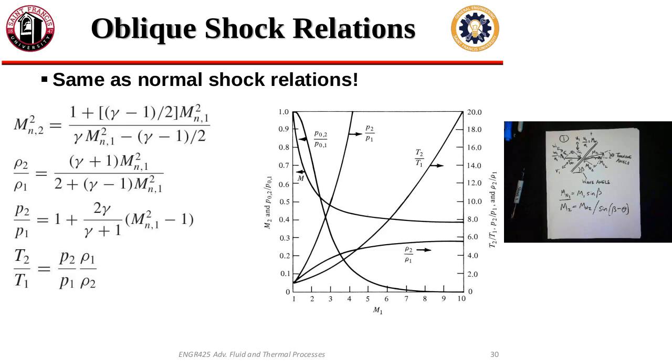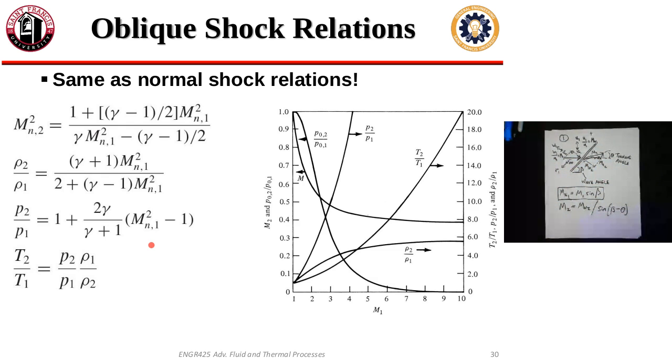The only thing that's different is that everything for normal shocks in terms of the upstream Mach number M1 is now in terms of the upstream Mach number normal to the shock wave. It's the only difference here. So if I can find MN1, I can define everything else.